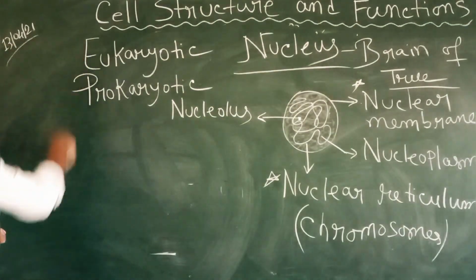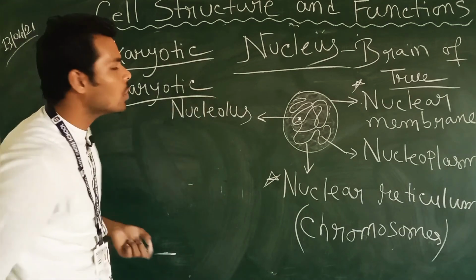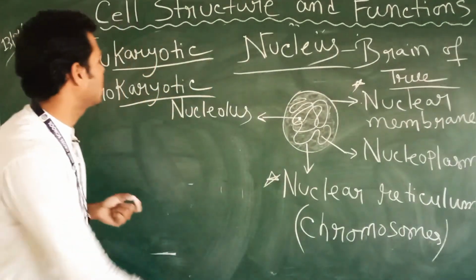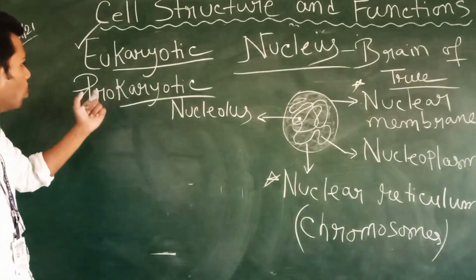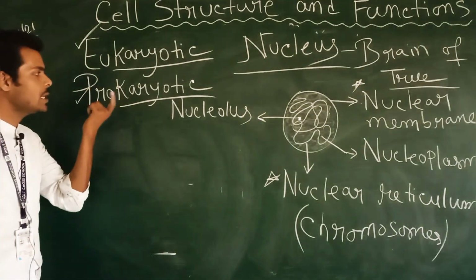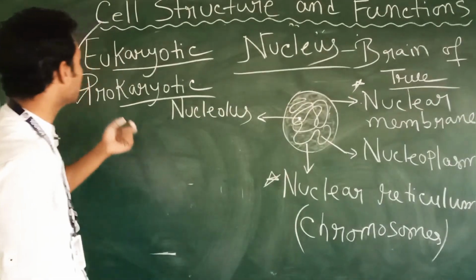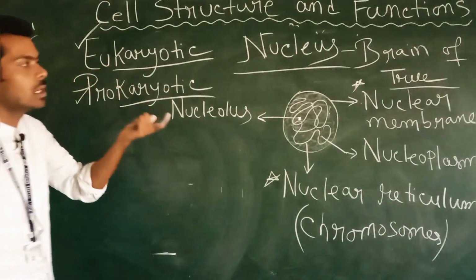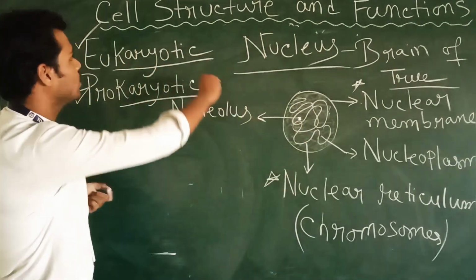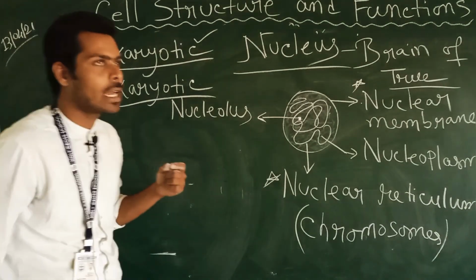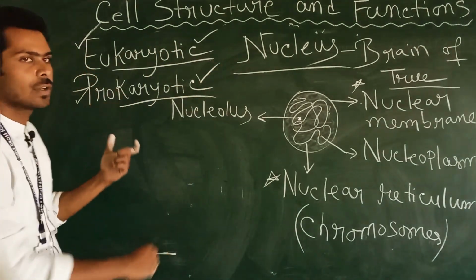Here eukaryotic and prokaryotic. Karyotic means nucleus, and eu means new, pro means old. Old type of nucleus means no nuclear membrane, and eu means new kind of nucleus having a nuclear membrane. So we human beings are eukaryotic, plants are eukaryotic, bacteria are prokaryotic, the old version of nucleus.